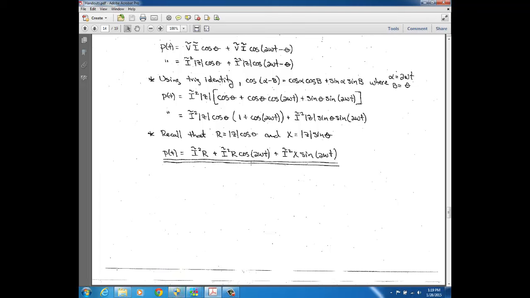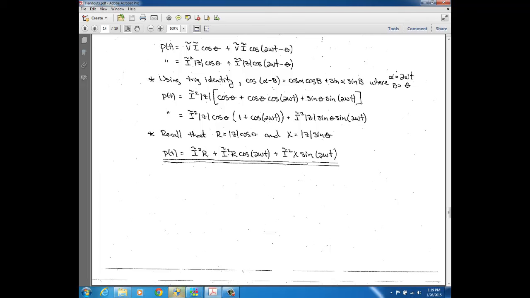See the R here, and then X, which is reactance right here. So we can gain further insight into instantaneous power by looking at this form of instantaneous power. So first we're going to look at just these two terms that contain the real part of impedance, which is the resistance.